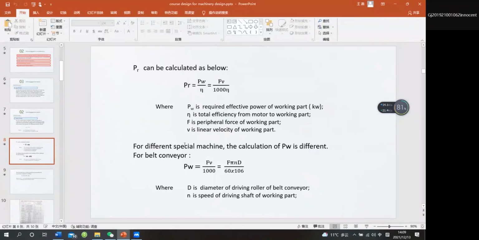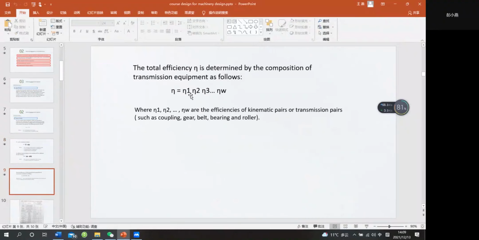Okay. And the total efficiency can be calculated by this. Eta 1, eta 2, and eta W are the efficiencies of kinematic pairs or transmission pairs, such as coupling, gear, belt, bearing, and roller.